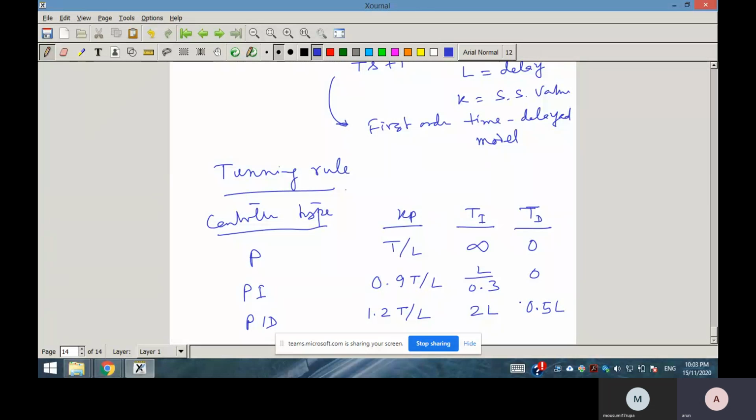Then industrial practitioners do fine tuning based on their experience. As we have seen, if you increase Kp, the system becomes a little faster, but it becomes oscillatory. So all the trade-offs can be made, and you can tune so as to have the desired response. So this is about case one.